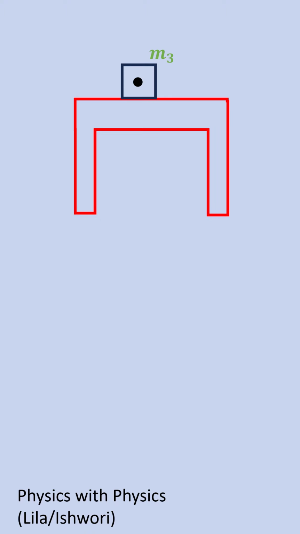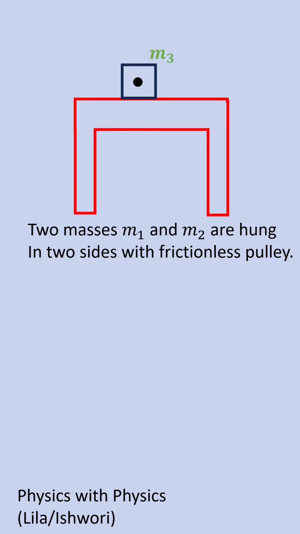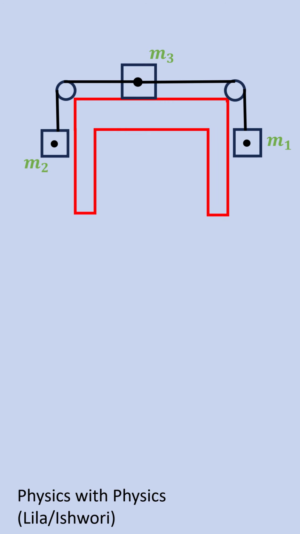Now this is mass m3 kept on a smooth surface, and two masses m1 and m2 are hung on two sides with frictionless pulleys like this. This is a massless string, and this pulley is frictionless. That's why the tension throughout here is the same.